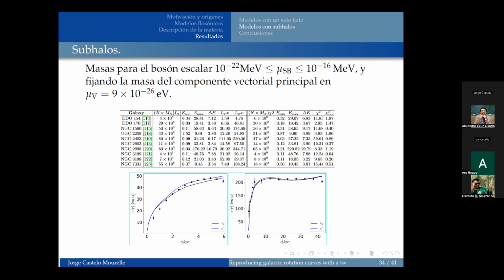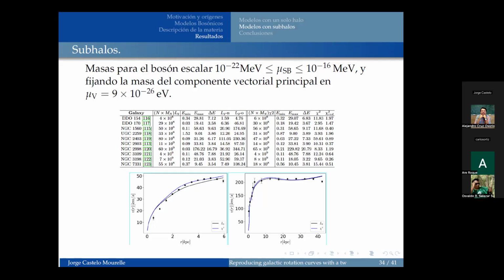Depending on the galaxy, the number of subhalos and the mass is going to vary, of course. We now add errors to the study and study which model is the best by using a chi-square fitting for each galaxy.